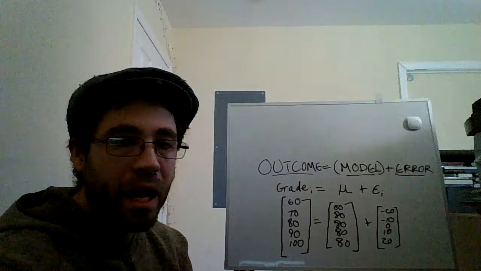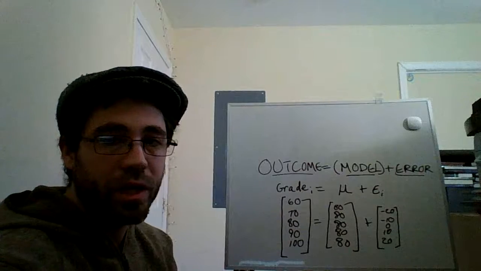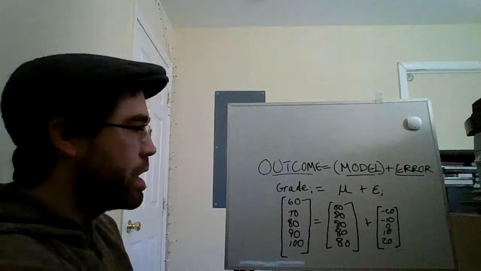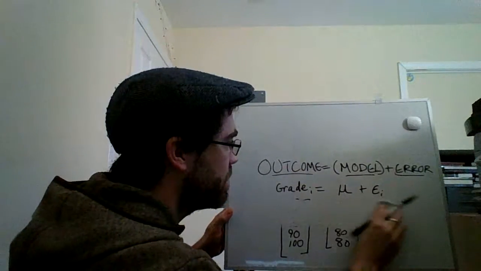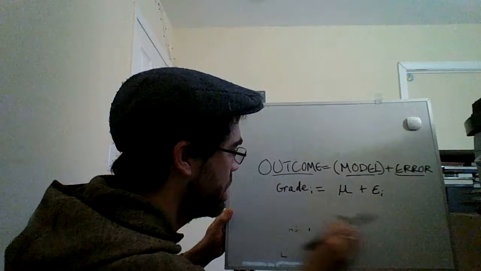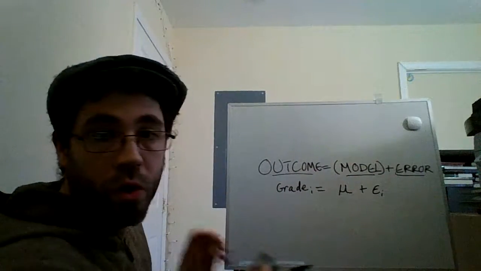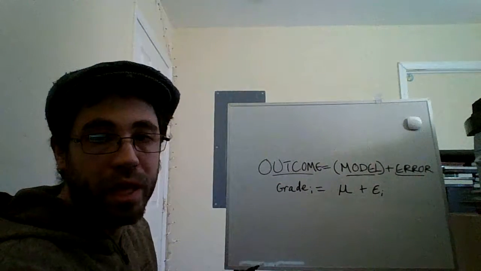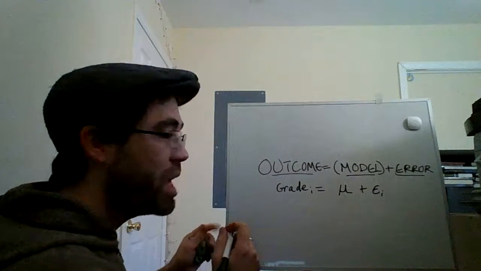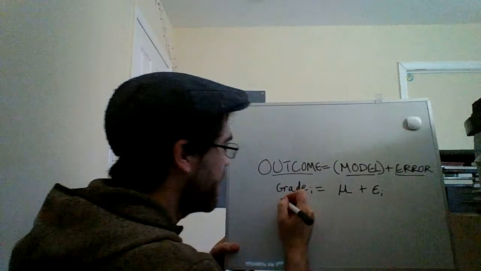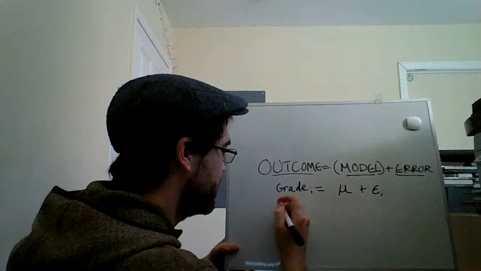So, we could add any number of variables to the model. In our representation, if this is for the mean, say we added another variable, we said the mean, and we were also accounting for their grade on the first test.